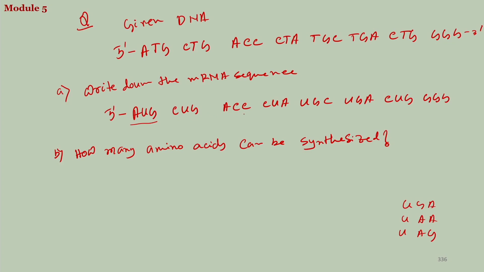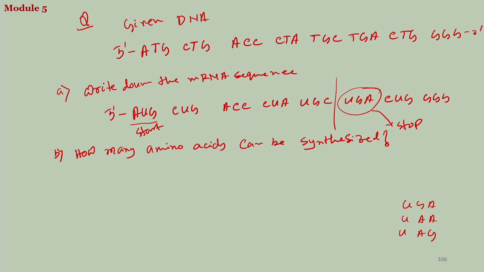UGA, do you have any? UGA. There is a stop codon right here. So that is stop. This is start. Once the stop codon is reached, the others cannot come in, because here itself your synthesis would be stopped.